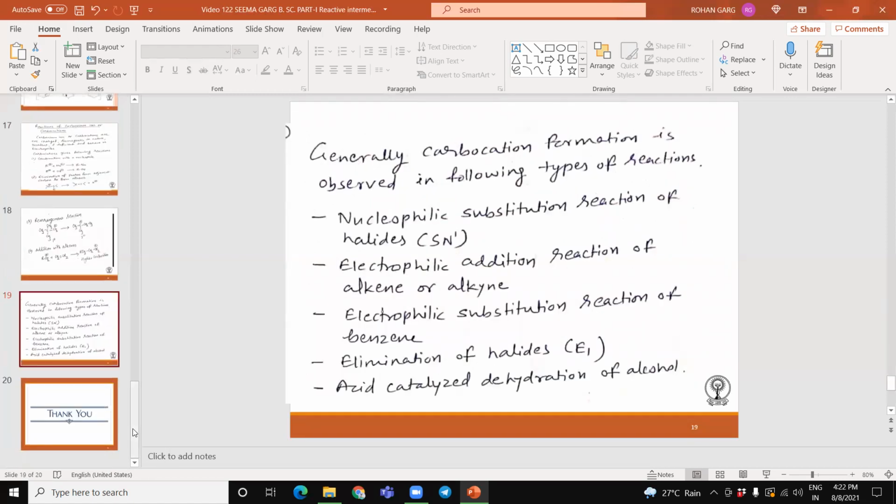Generally, carbocation formation is observed in following types of reactions: nucleophilic substitution reactions of halides, electrophilic addition reaction of alkenes or alkynes, electrophilic substitution reaction of benzene, elimination of halides, acid catalyzed dehydration of alcohol.